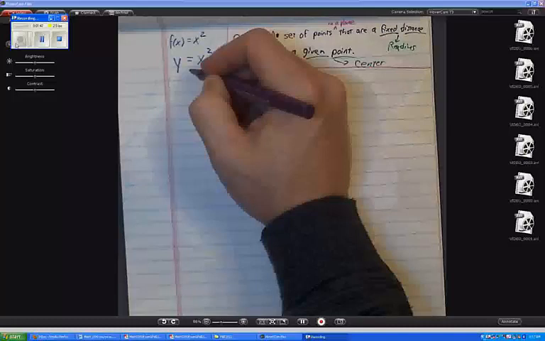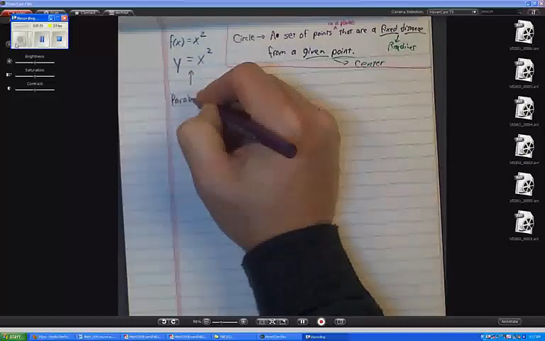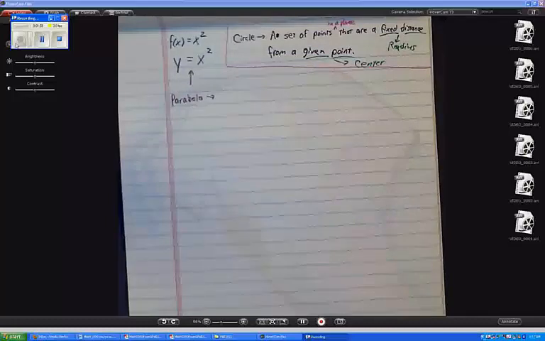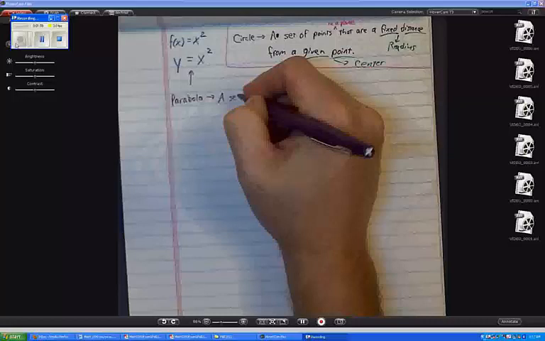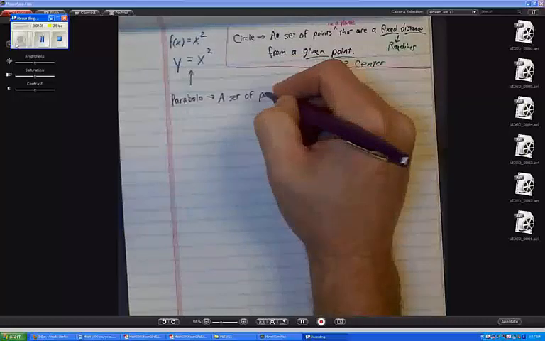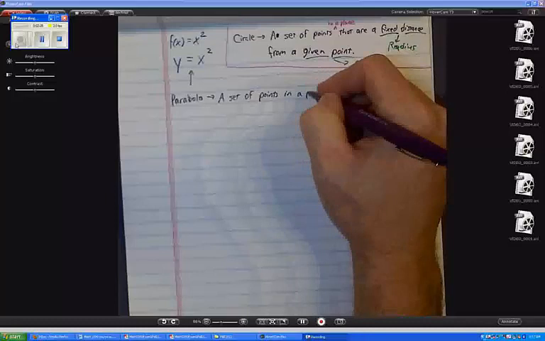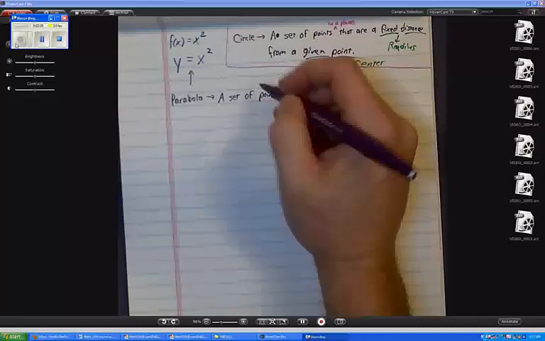And I'm going to think about this parabola using this definition. And so let me give it to you. A parabola is a set of points in the plane. Set of all points in the plane.